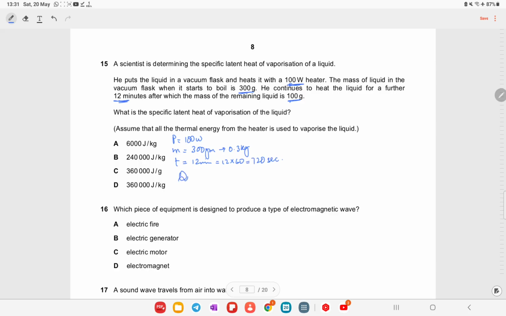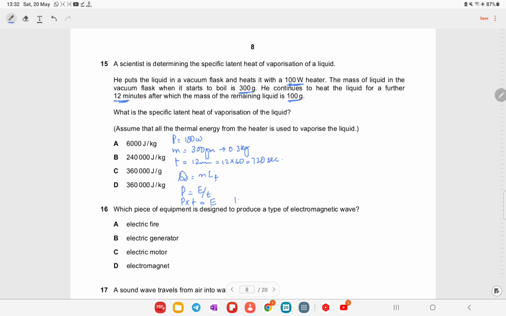The formula for the latent heat of vaporization is Q equals mL_F. Okay, but before that we are going to look for the power, which is work done, or energy over time. So power times time is equal to energy.